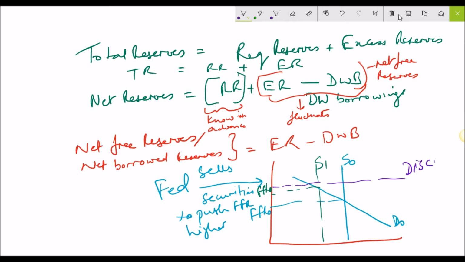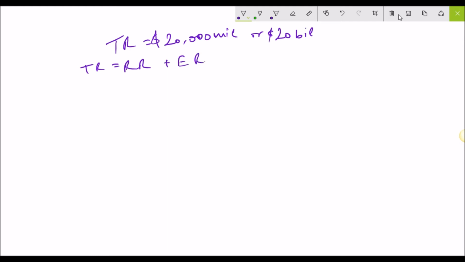Now let's assume that the total reserves of $20 billion equals the required reserves plus the excess reserves, which is 18,500 plus the 1,500 in excess reserves. If the discount window borrowing is 500 million, then the amount that is not borrowed from the discount window, which is the non-borrowed reserves, equals the total reserves minus borrowings from the discount window.